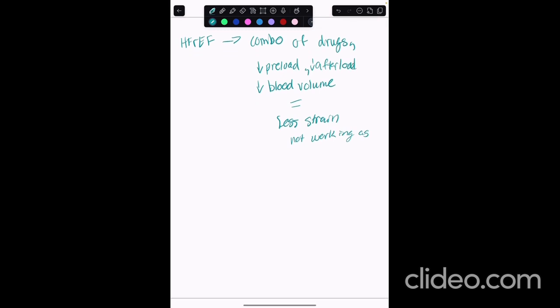With HFpEF, there's not really much that can be done, unlike HFrEF, with different drugs to help reduce those things. With HFpEF, you mainly can just get calcium channel blockers and beta blockers.